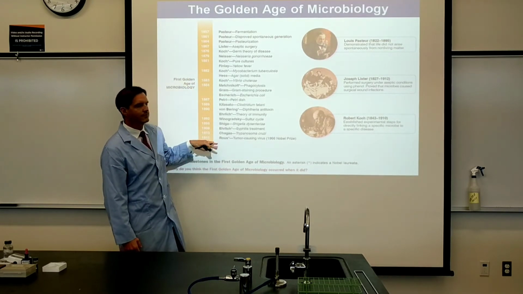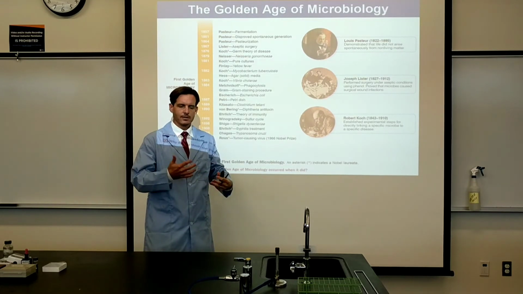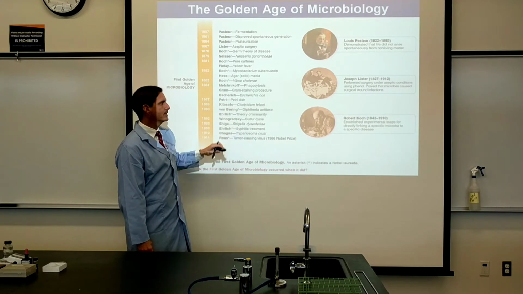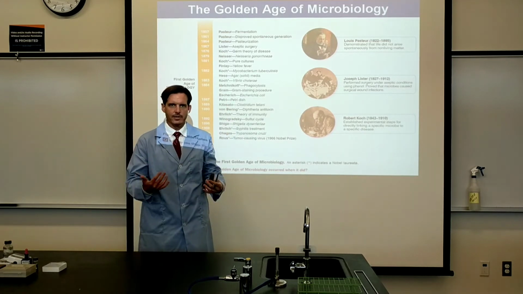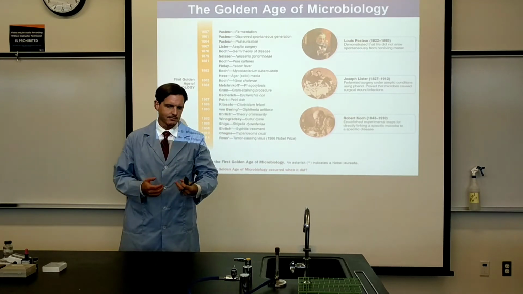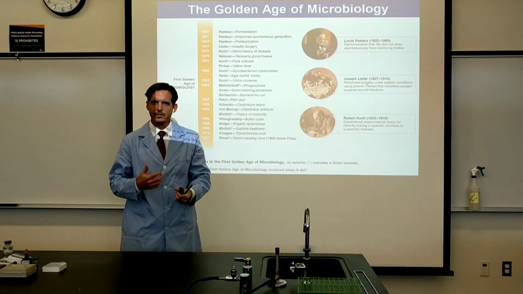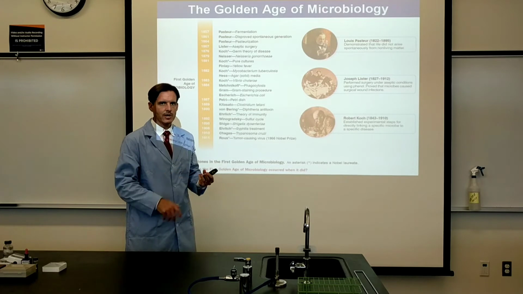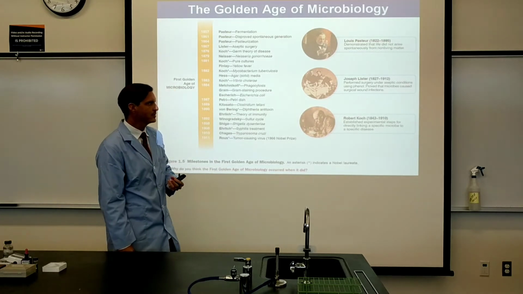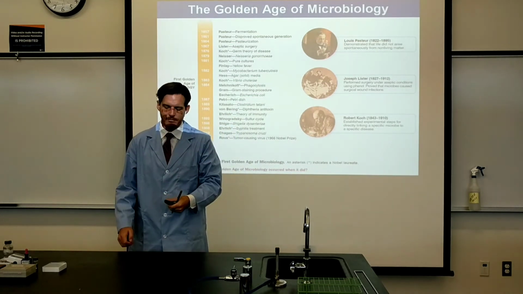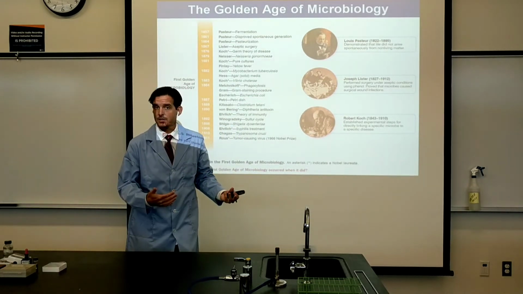This particular figure shows the Golden Age, when there were rapid numbers of discoveries that were earth-shattering in terms of establishing our whole worldview of what bacteria are, and viruses, and other life forms as well that are pathogens in most cases. And it highlights some of the greatest discoveries, most of which were Nobel Prize winning.